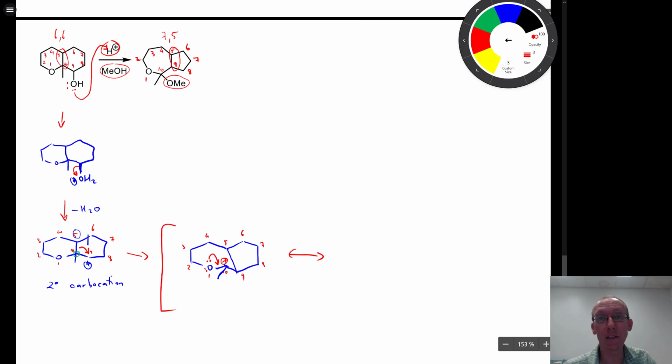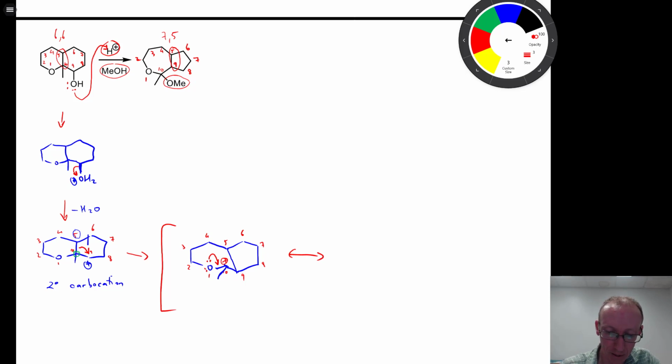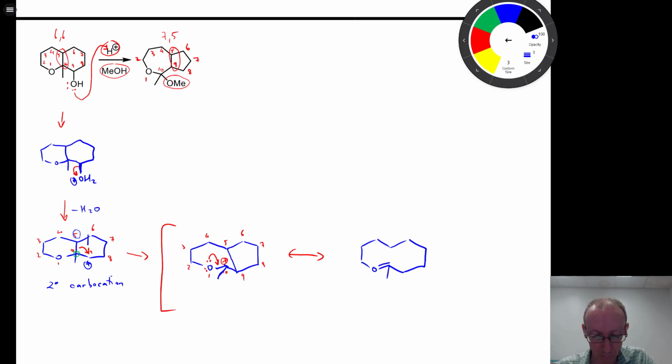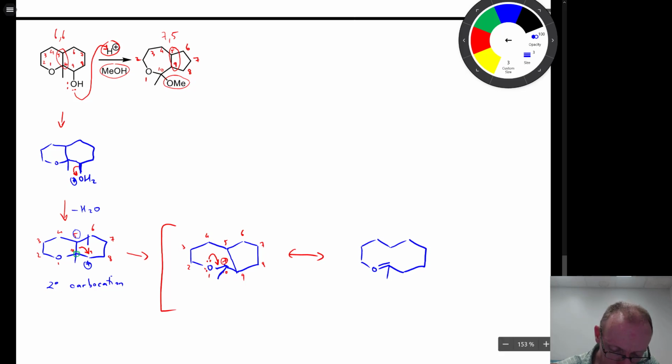We can draw another resonance form of this carbocation. Okay, I'm going to draw it out in that ugly way again still. I'm not going to bother with the numbers this time, but I've got a double bond there, and these are really ugly looking bond angles, but we'll just have to put up with it for now.